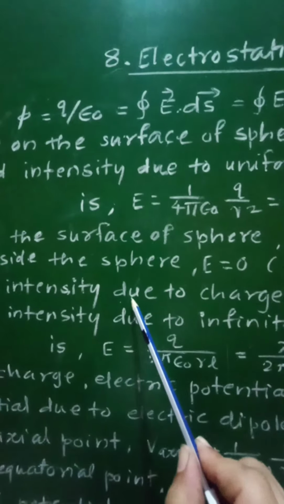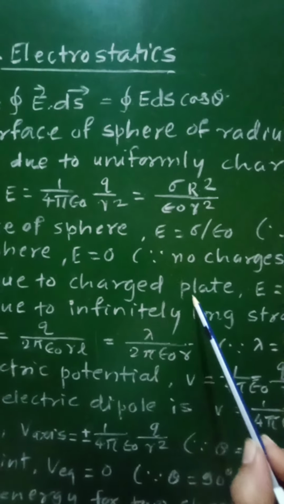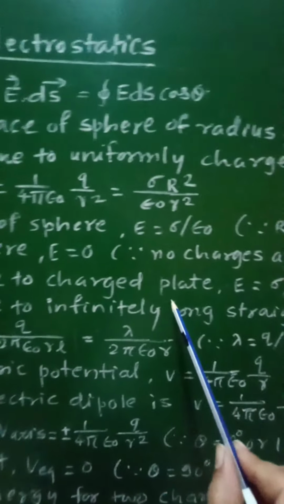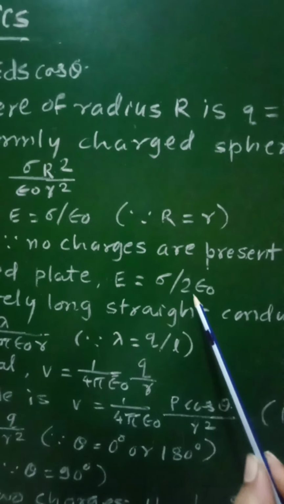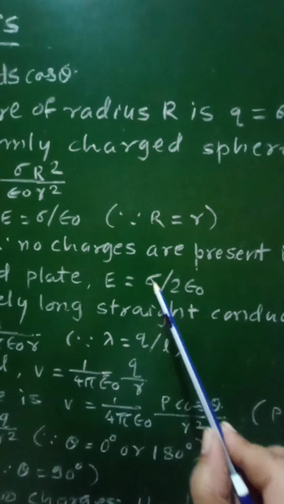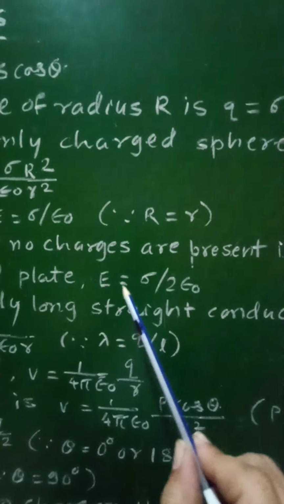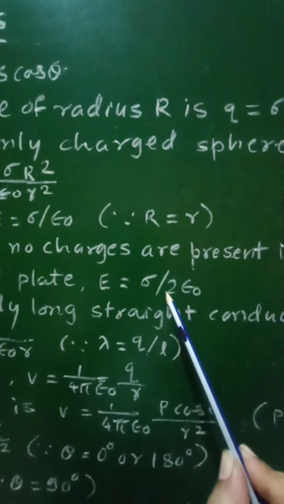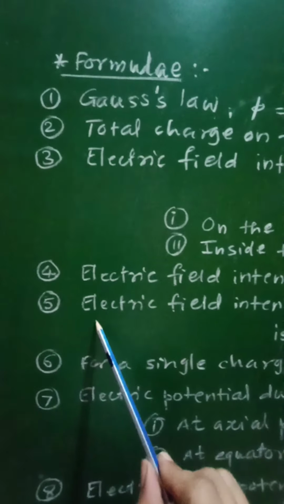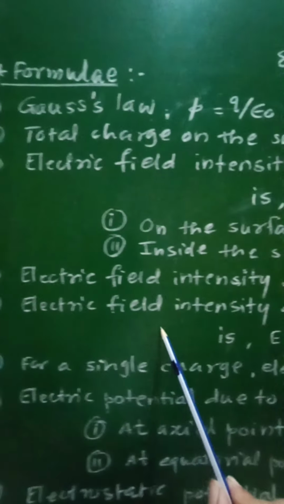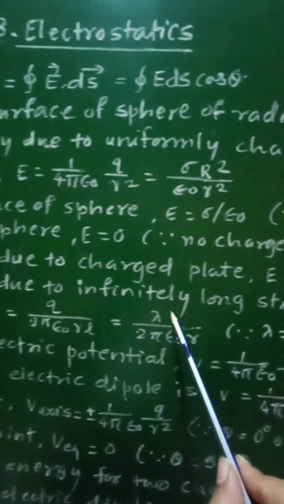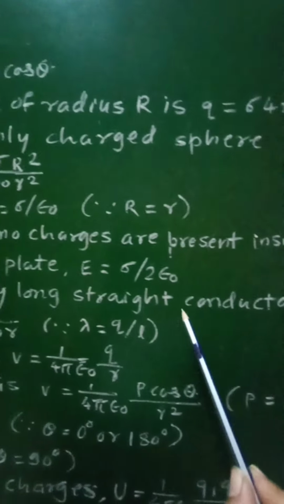Then fourth formula gives electric field intensity due to charge plate. Electric field intensity due to charge plate E is equal to sigma upon 2 epsilon 0. Then fifth formula gives electric field intensity due to infinitely long straight conductor.